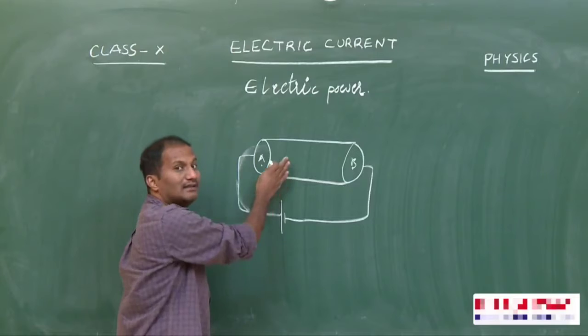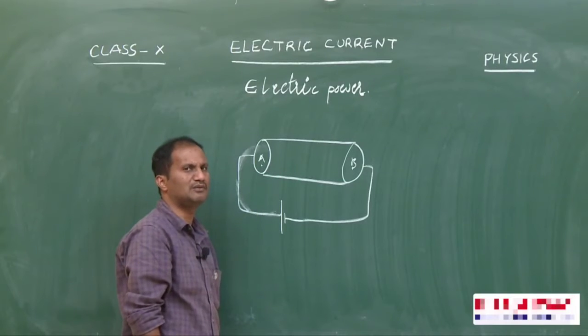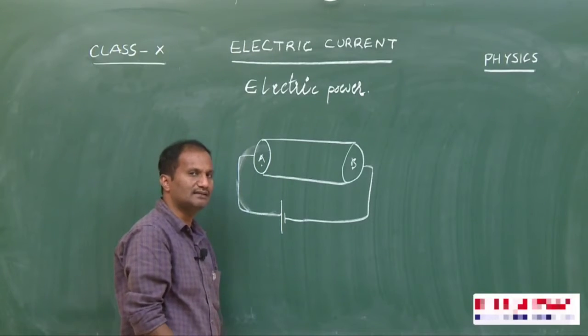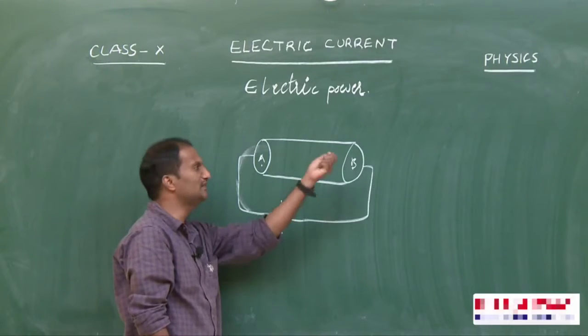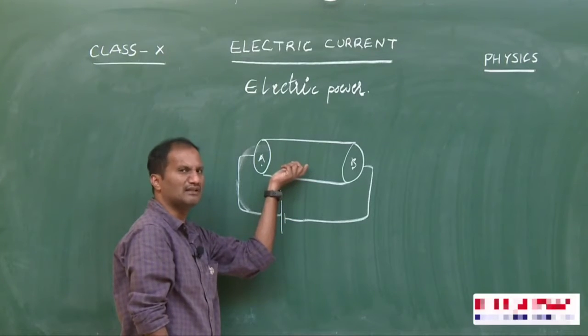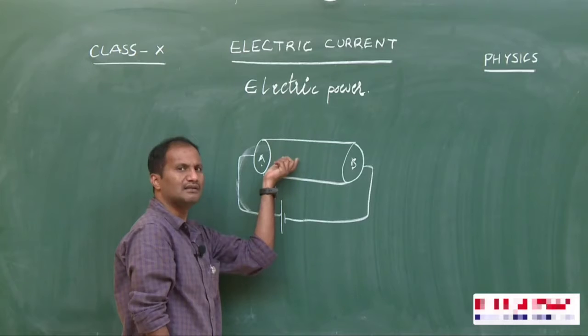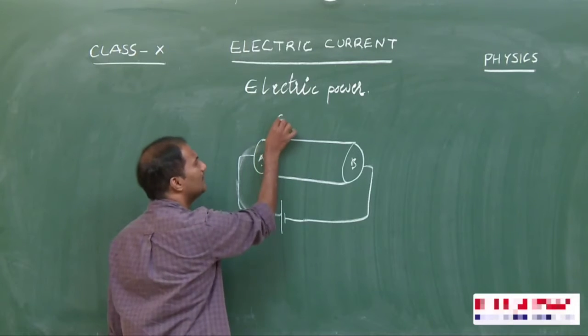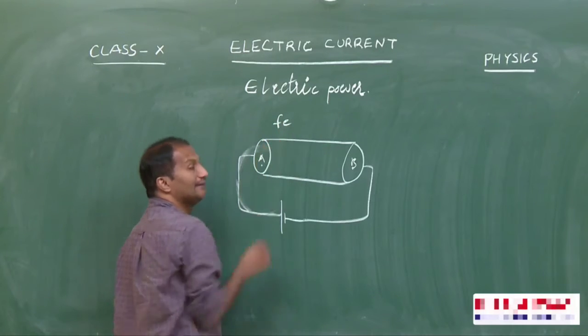Now this electric field applies a certain amount of force on the charge carriers present in the conductor. Let the force applied by this electric field be Fe.